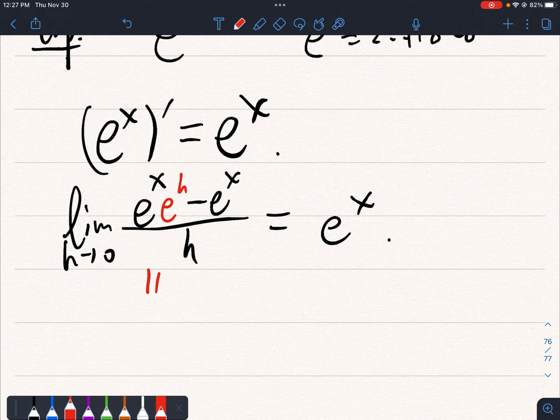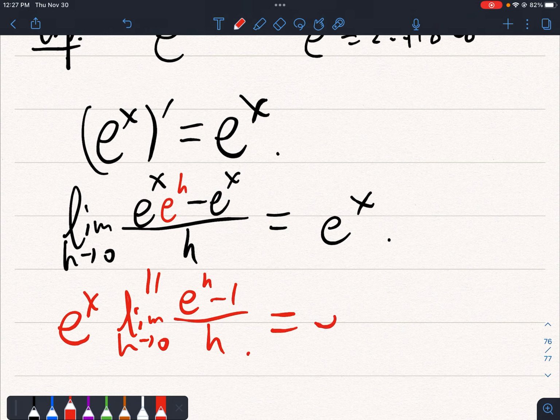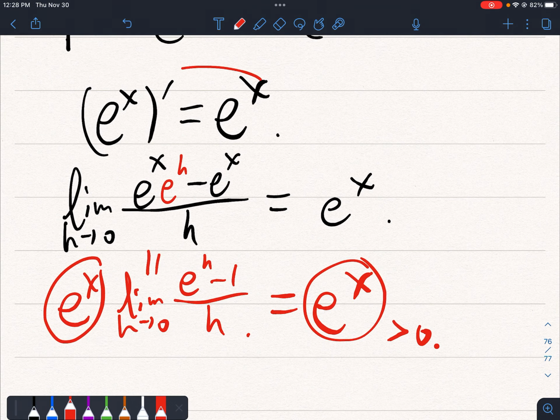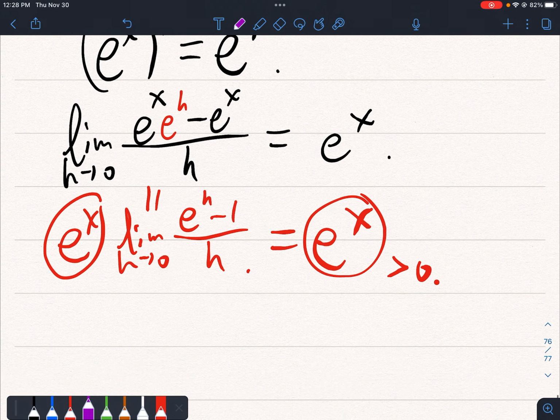You can take out, because x is independent of h, e to the x plus h as e to the x times e to the h, which means this is simply e to the x times the limit as h goes to 0 of e to the h minus 1 divided by h. And this should be e to the x. Because this exponential function is always positive, you can cancel it out.